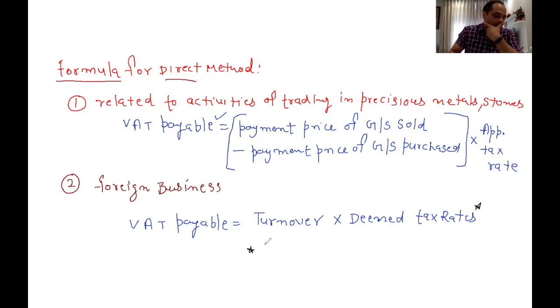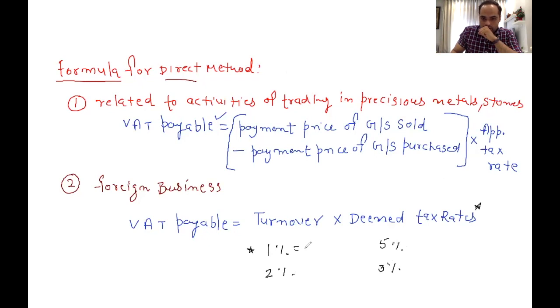For deemed tax rates, we have 4 categories, right? First is 1%, the second is 2%, then 5%, and 3%.